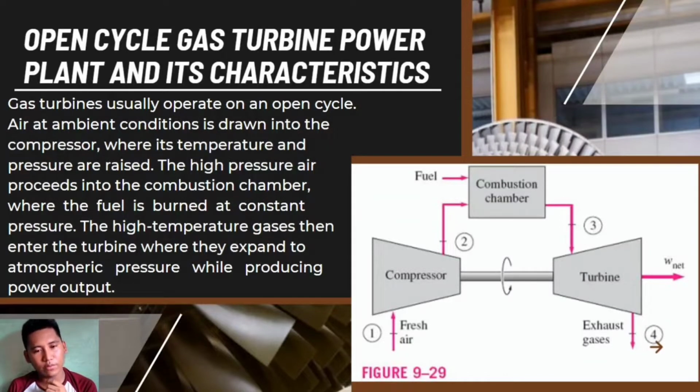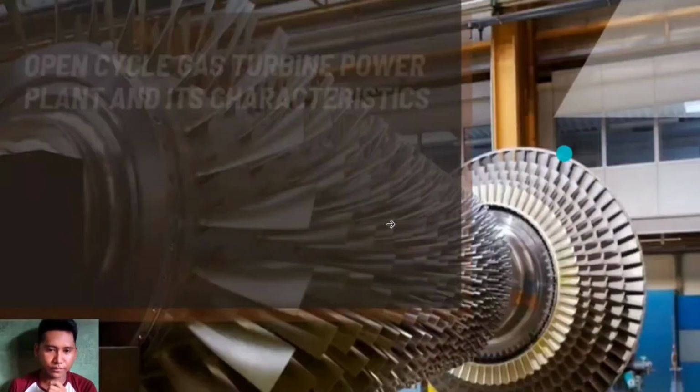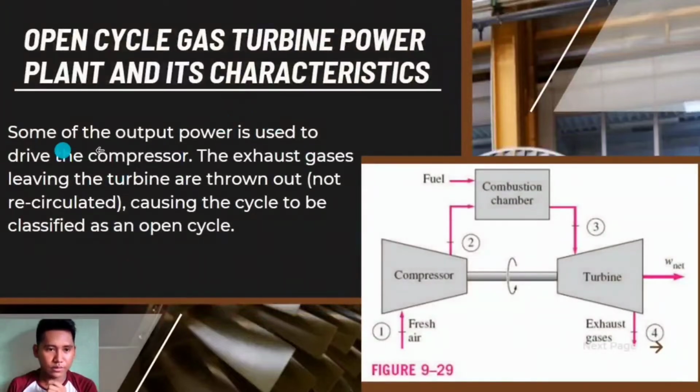The high temperature gases then enter the turbine, where they expand to atmospheric pressure while producing power output. Some of the output power is used to drive the compressor. The exhaust gases leaving the turbine are thrown out, not recirculated, causing the cycle to be classified as an open cycle.